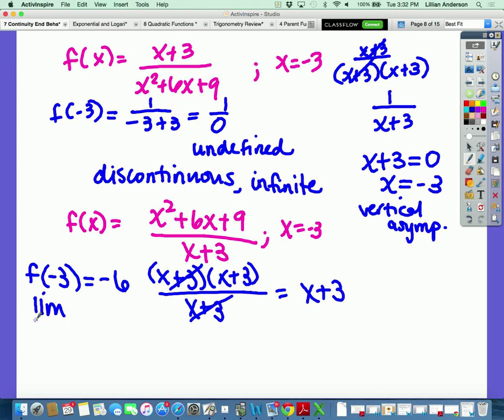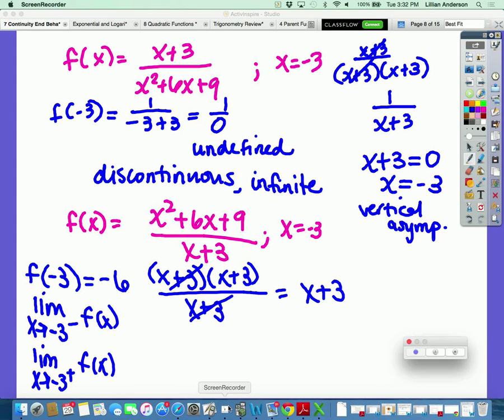Now the second test says to take the limit as x approaches negative 3 from the left and negative 3 from the right. Now this is actually very easy to do here, because all I have to do is take the simplified form and try to figure out what type of function this is. Well, x plus 3 is actually a linear function.